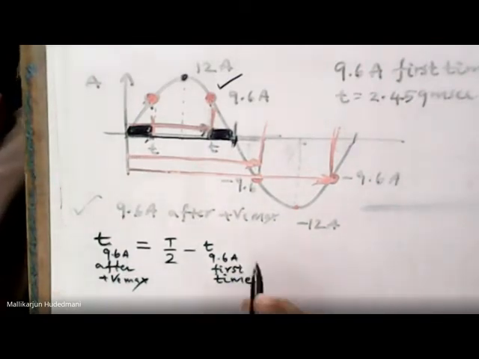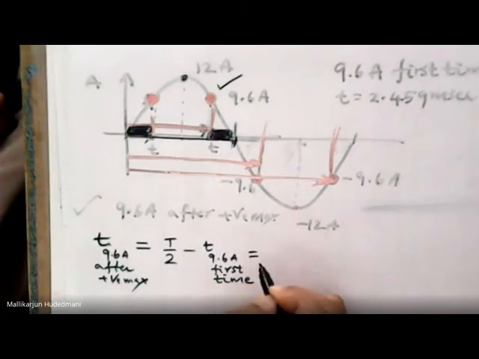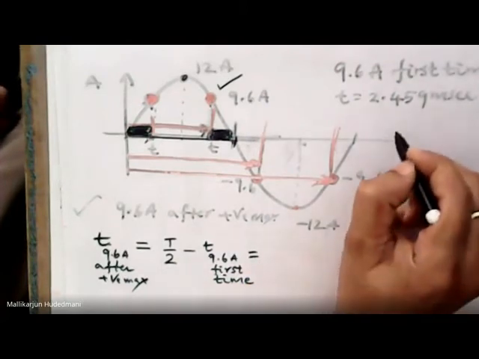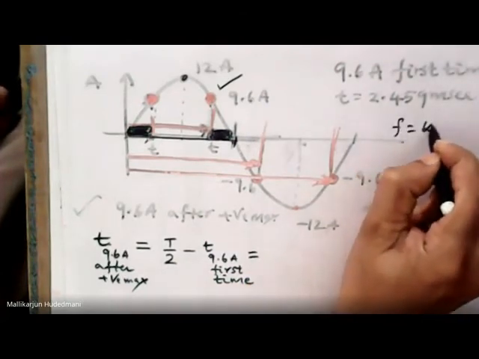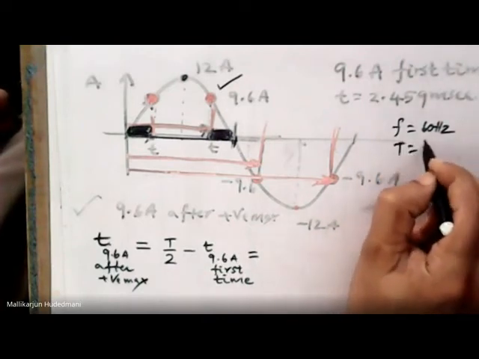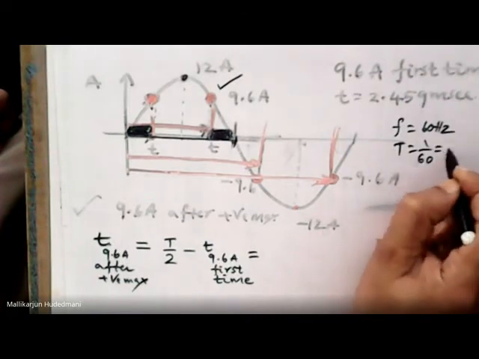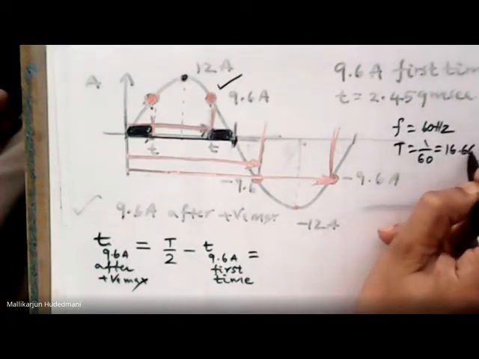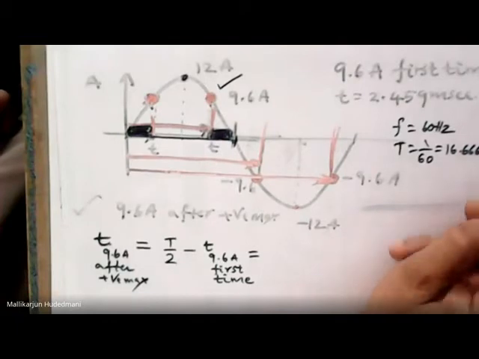For this, what will I be doing? T by 2. What is T for this? This is a 60 hertz wave. So if F is 60 hertz, what is T for that? 1 by 60, which stands as 16.666 millisecond. Correct?